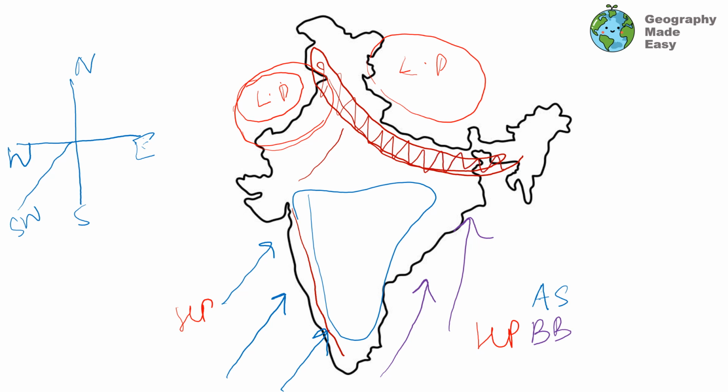Now, what happens is we see that the western part of the Western Ghats receives extensive rainfall. And when these winds cross over and move towards the plateau area, this portion of the Deccan Plateau falls in the rain shadow region of the Western Ghats.